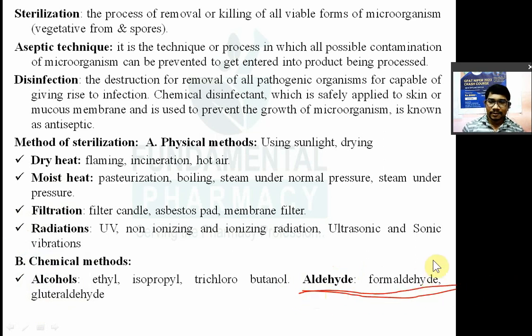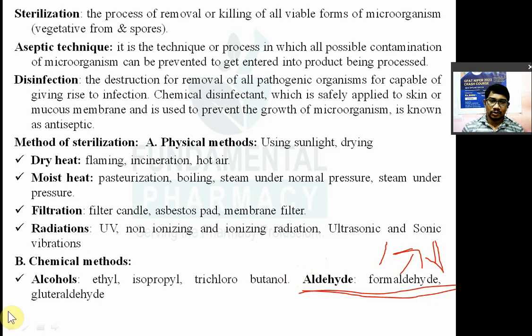They are using formaldehyde or formalin solution, and in that they are mixing potassium permanganate. Formaldehyde plus potassium permanganate, फॉर्मेलिन का फ्यूम्स निकलता है, that fumes sterilize the whole operation theatre.